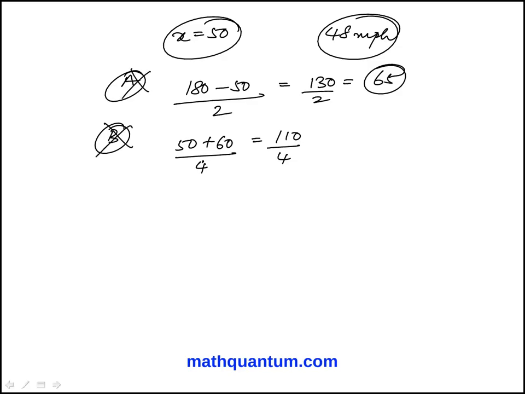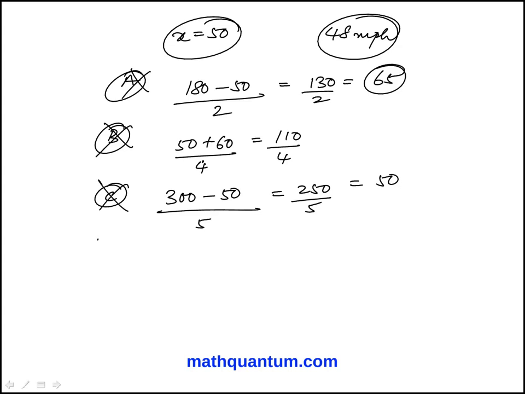So we know A and B are out. C is 300 minus 50 over 5, which is 50. So that one doesn't work either. D, so yeah, this is a little bit painful, as you can see. 600 over 65.